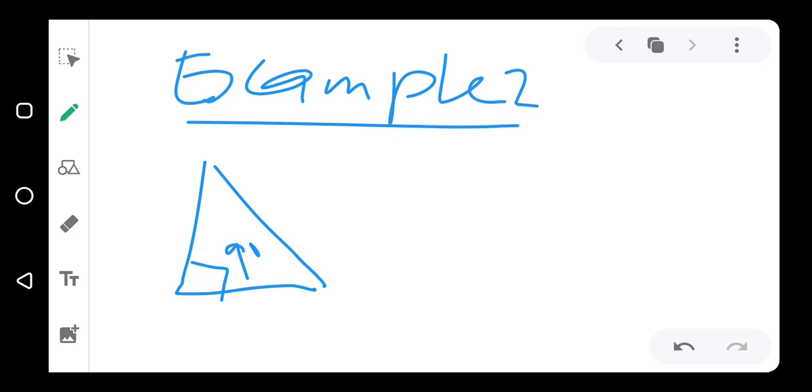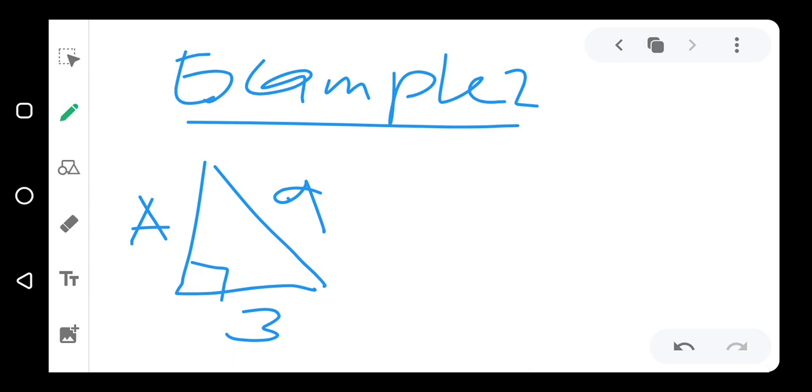So this is the side facing it, so this is the hypotenuse. Now they gave us this side as 9. In this example, the hypotenuse is 9. Now we have this side as 3, and here we have a.